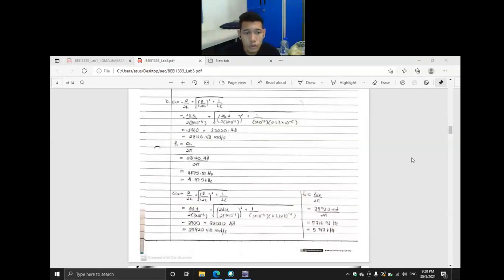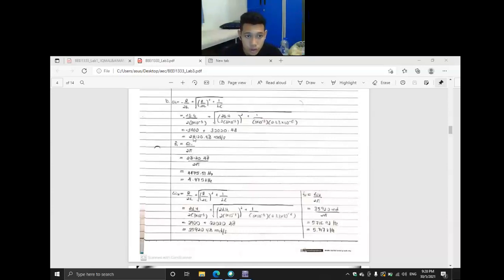And then in 2B, we need to find the half power frequencies. So we need to find omega 1 and omega 2. The formula for omega 1 is negative R over 2L plus the square root of (R over 2L) squared plus 1 over LC. So we just add in the values given based on the circuit.